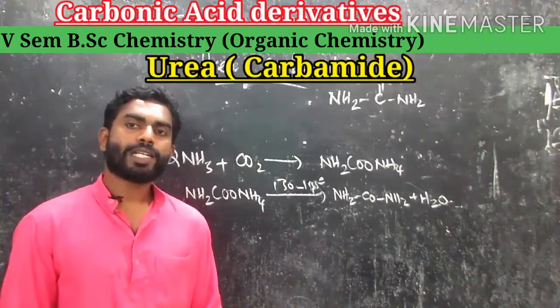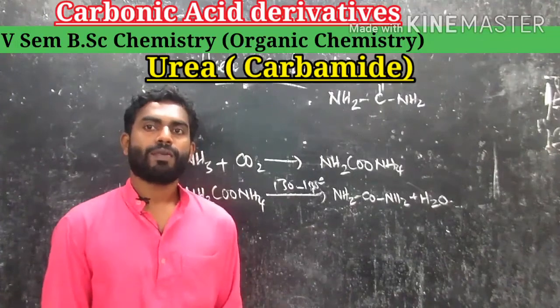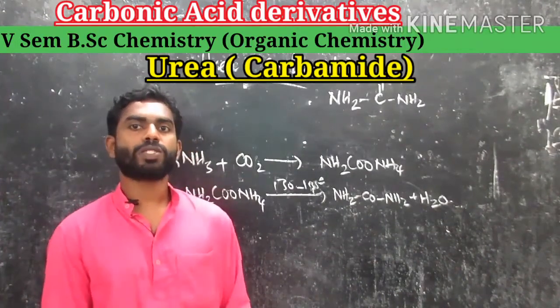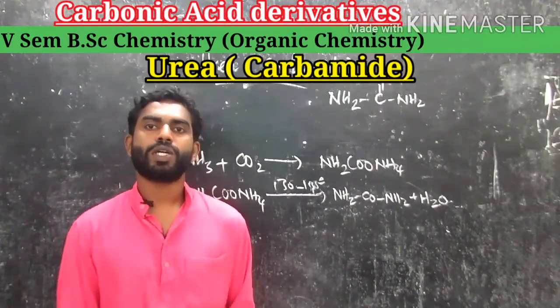Another method: calcium cyanamide is warmed with dilute sulfuric acid, when cyanamide is formed, which further undergoes hydrolysis to yield urea.